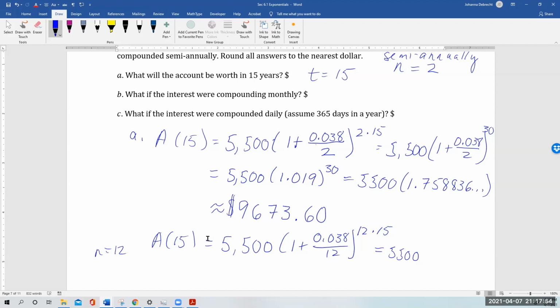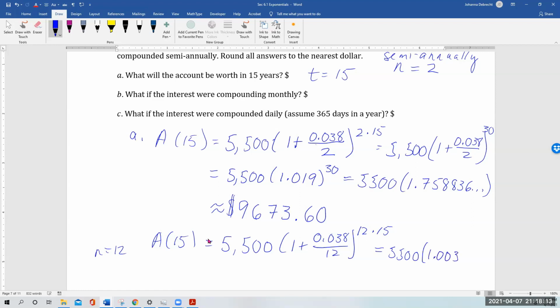Don't round that off. Enter into the calculator plus 1 and hit the equal. That will give you 1.0031666666. Don't round that off. Never round until the very, very end of the problem.